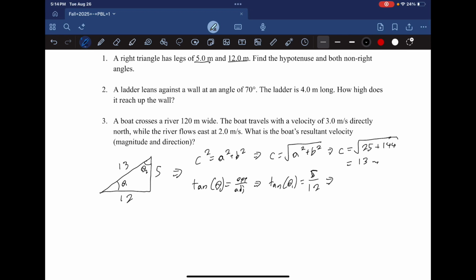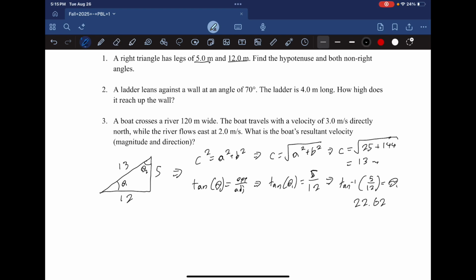You can then rearrange this to say the inverse tangent of 5 over 12 is going to equal theta 1. And if you plug this into your calculator, you'll see that it is 22.62. Since we have all three sides, you can use any of the identities that you'd like.